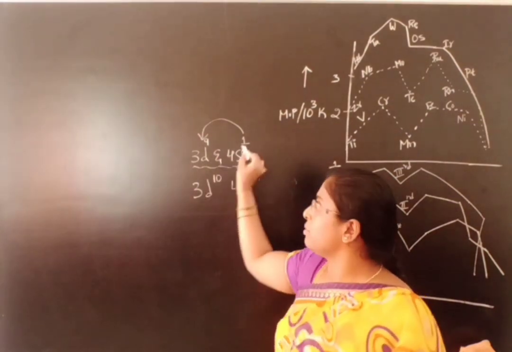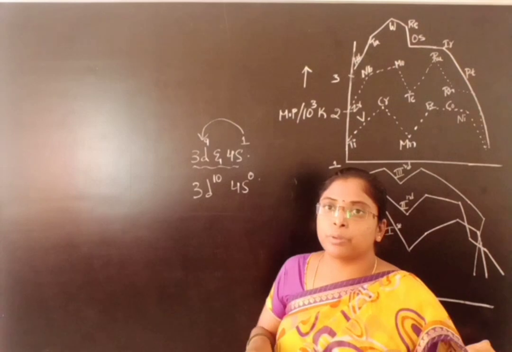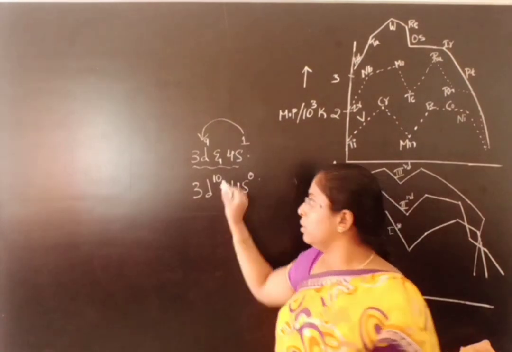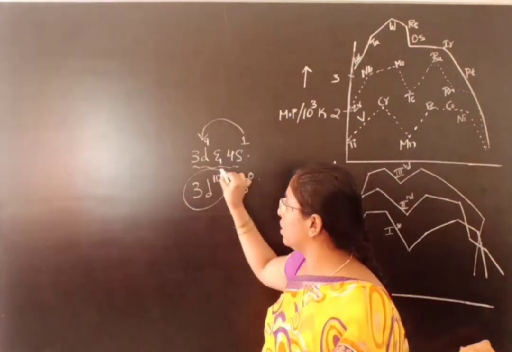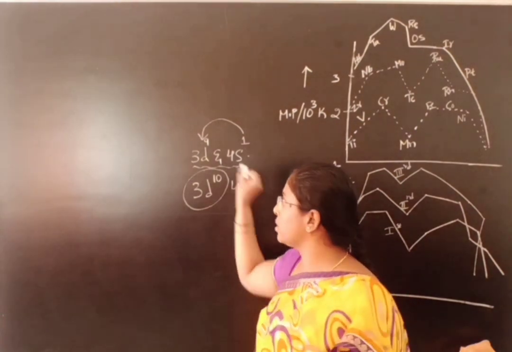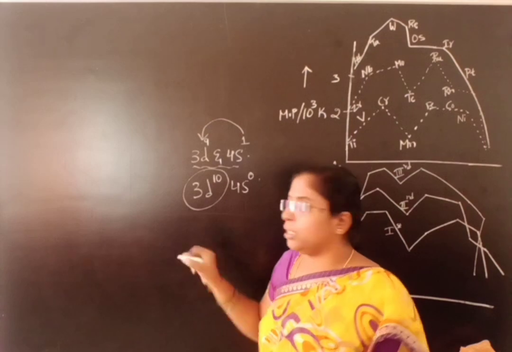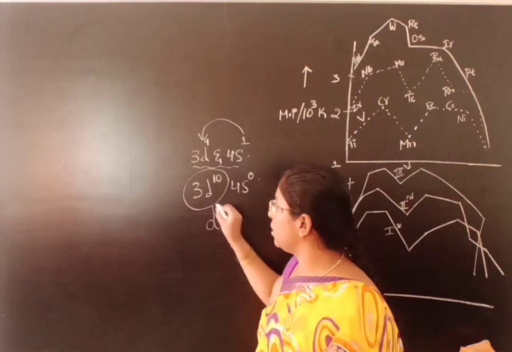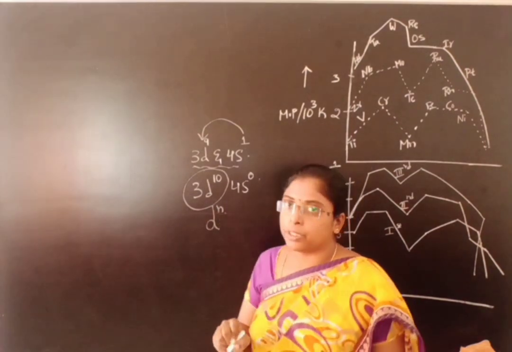Why does the transfer of electrons take place from 4s to 3d? To complete its filled orbitals and attain stability, one of the electrons is transferred from 4s to 3d. It will become a d to the power of n configuration.